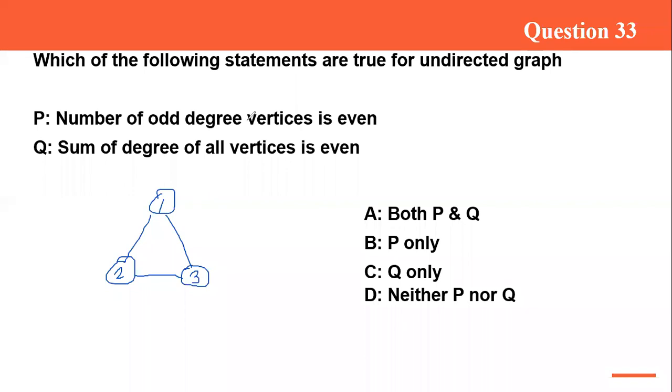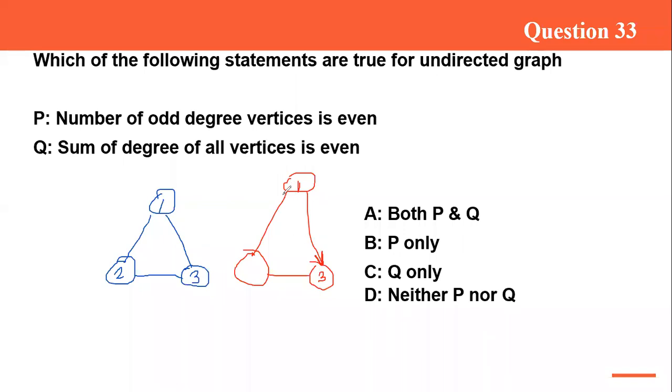Just for understanding, I'll draw one directed graph and show you how it will be. For example, I have 3 nodes which are interconnected. But here, there will be an arrow mark, which indicates that I can only traverse from 1 to 3, but 3 to 1 is not allowed because the direction is mentioned.